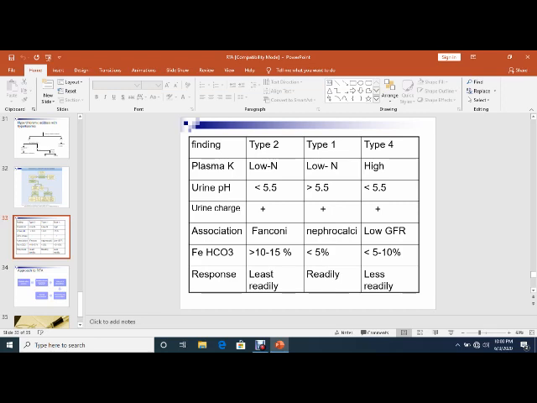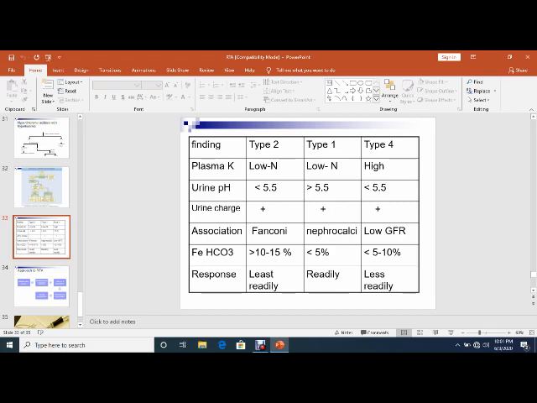First check the plasma potassium. It is low in case of type 2 renal tubular acidosis, and low to normal in case of type 1, but always high in hyperkalemia and in hyporeninemic hypoaldosteronism, that is called type 4 RTA.